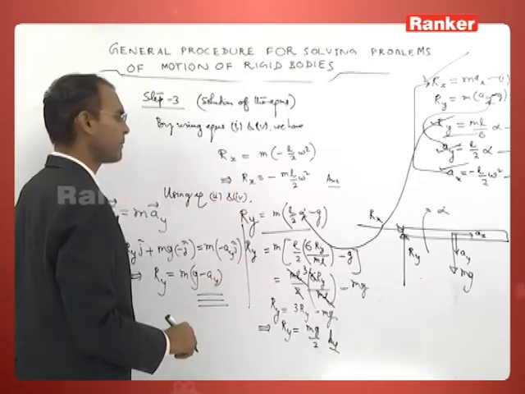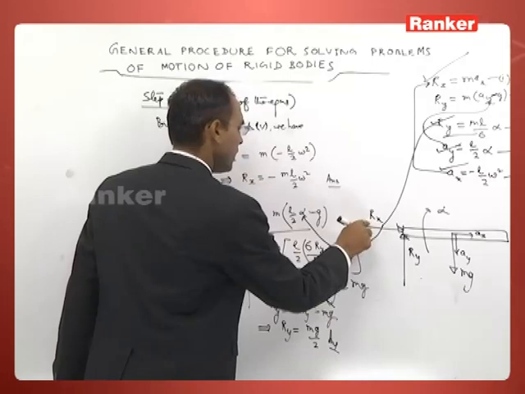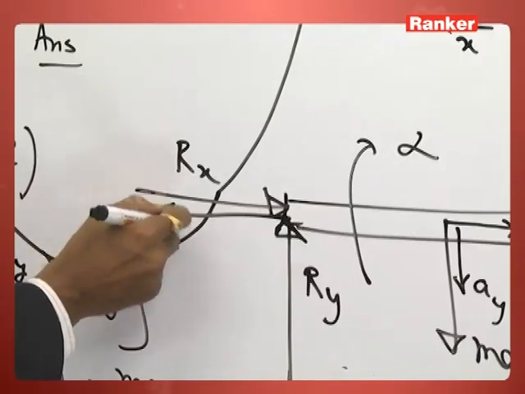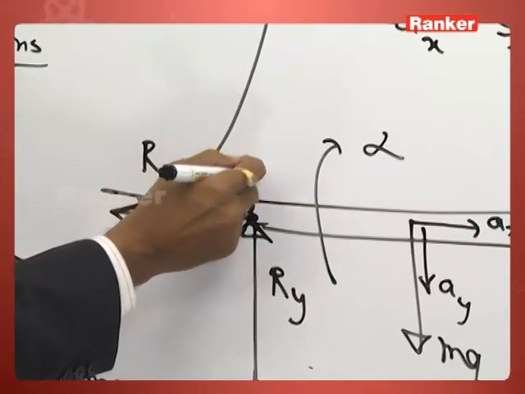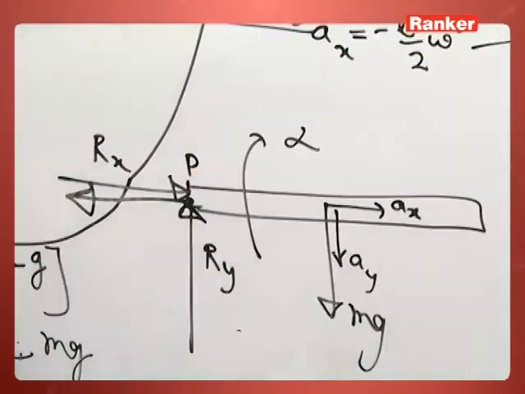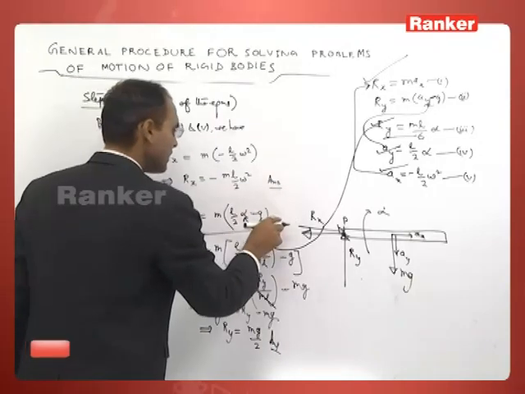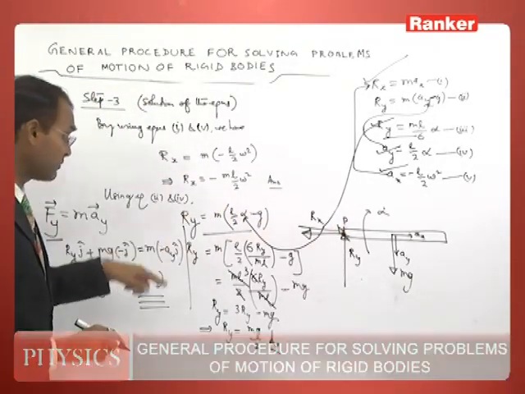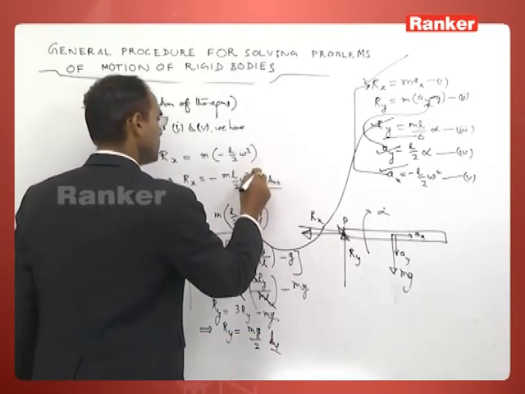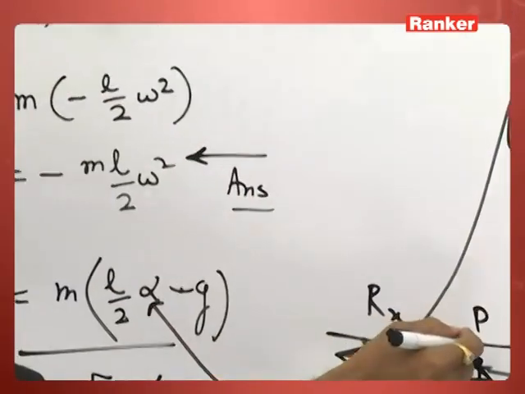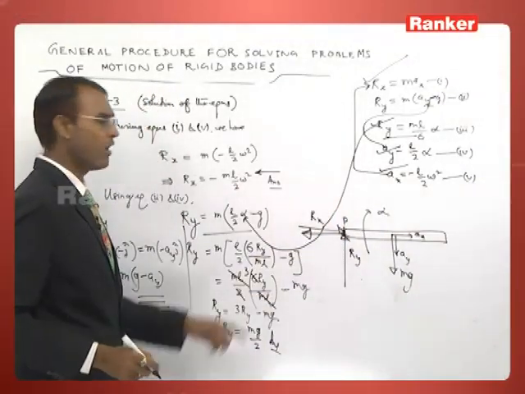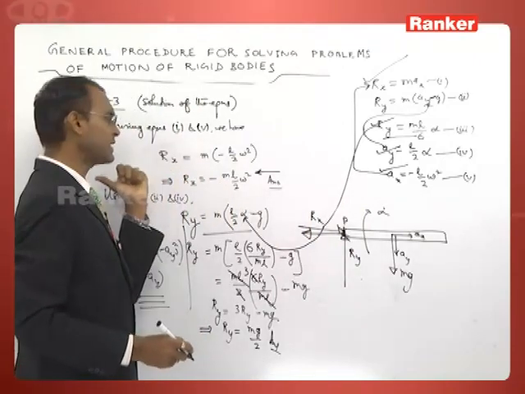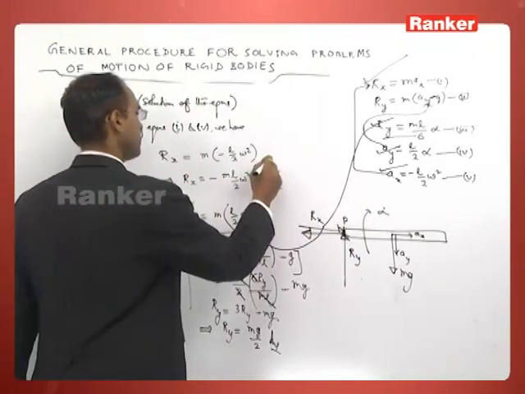This means that the pivot will pull the end of the rod in this direction. We have assumed the positive direction, but we got a negative result. It physically signifies that the direction of the reaction force on the rod along x direction will be directed towards left.